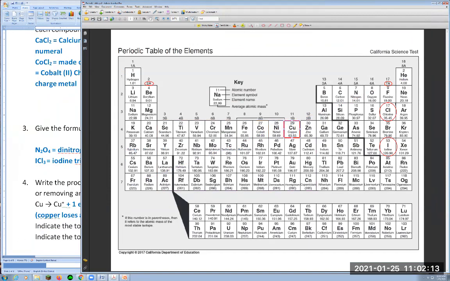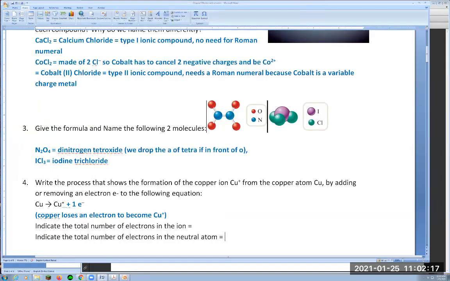That means it has 29 protons. So 29 protons, and when it's the neutral atom, it will have 29 electrons, right? Now, when it becomes copper plus, we know it has lost an electron, so that's going to be 28. So that's the answer for these two.